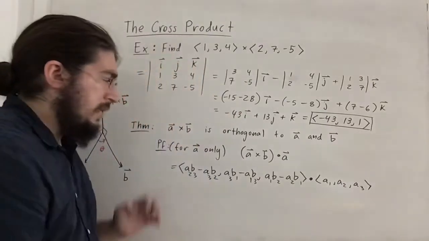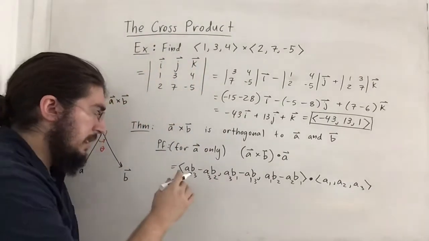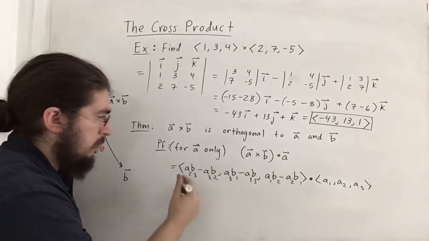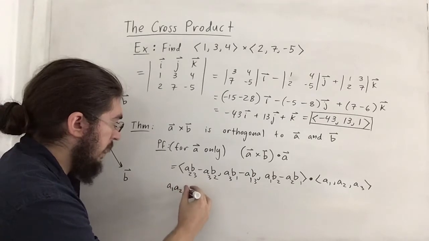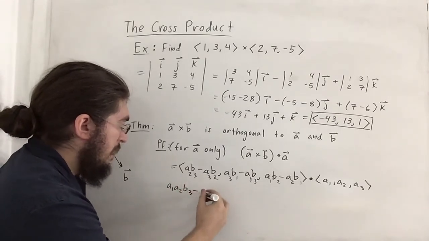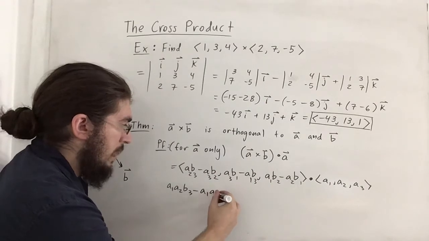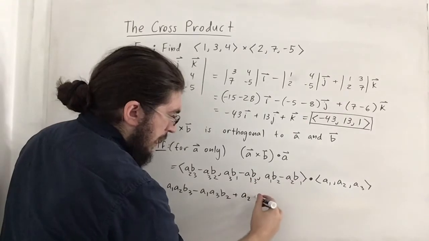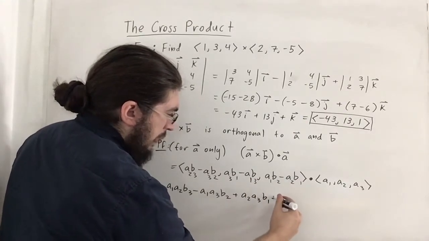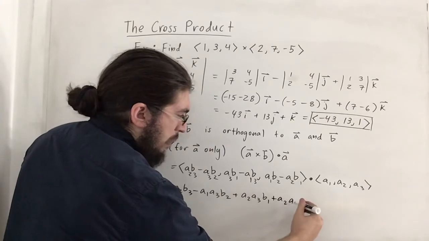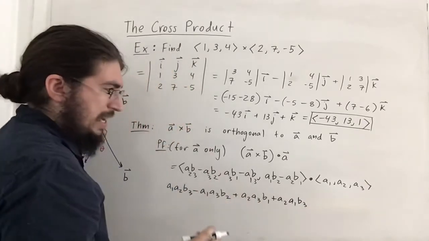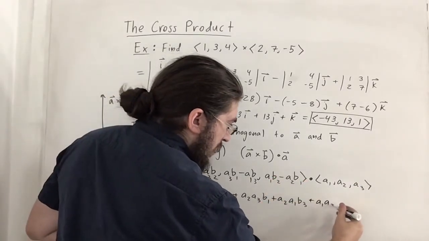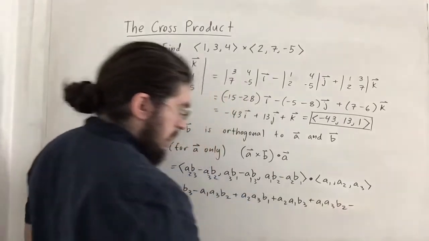Perfect. Now, when you take the dot product of these, what you end up getting is, let's see, A1 times this one, so it's A1A2B3 minus A1A3B2, plus A2 times these, so it's going to be A2A3B1 plus A2A1B3, okay, and then A3 times this one, A3A1B2, I'll keep it in order.